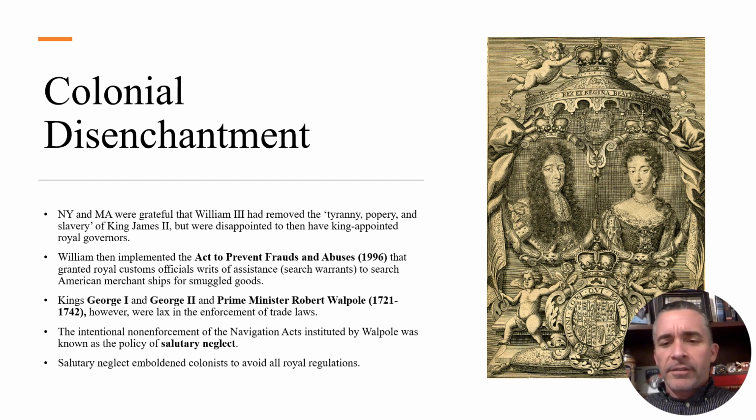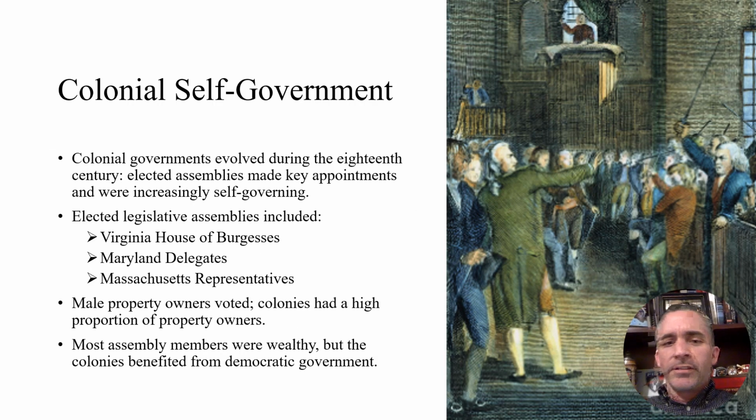And essentially, salutary neglect emboldened the colonists, made them think that they were not required to obey royal laws, statutes, and regulations. And this was one of the conditions or the circumstances leading up to the revolution that added to the autonomy of the colonies.